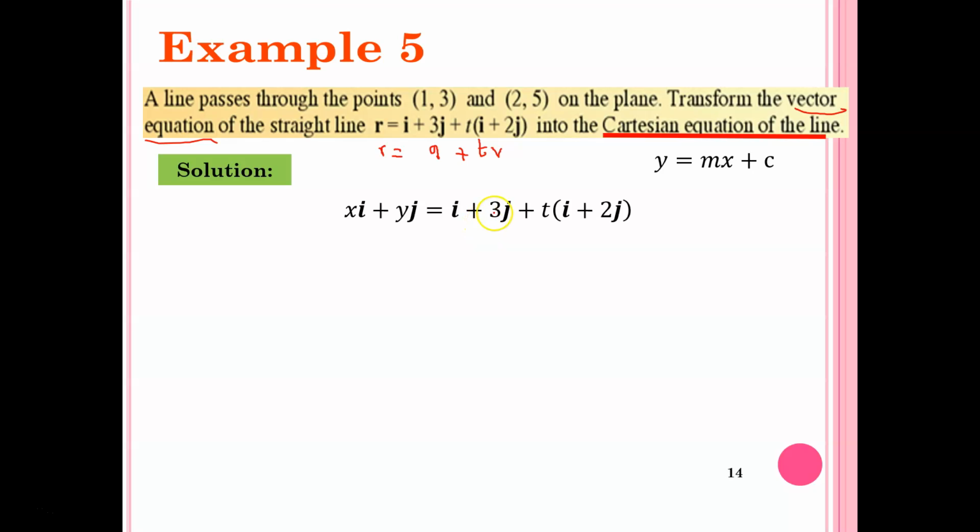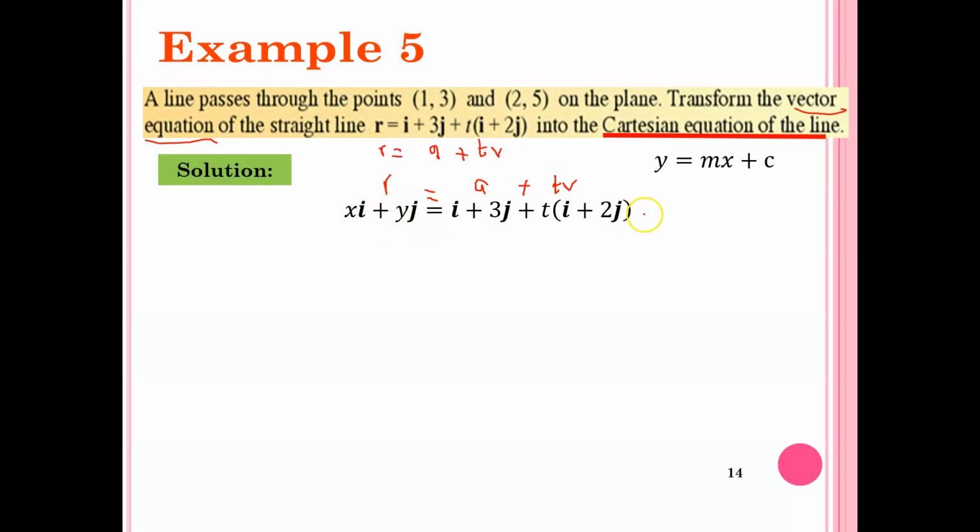This is actually r equal to a plus tv. Can you spot the difference between this equation and the previous one you have seen before? You can notice that there is no k.